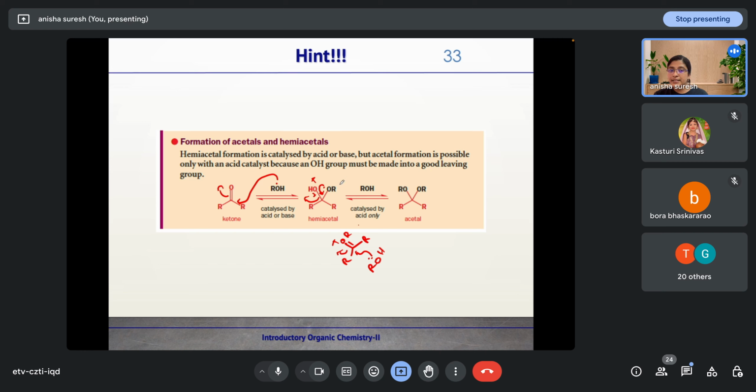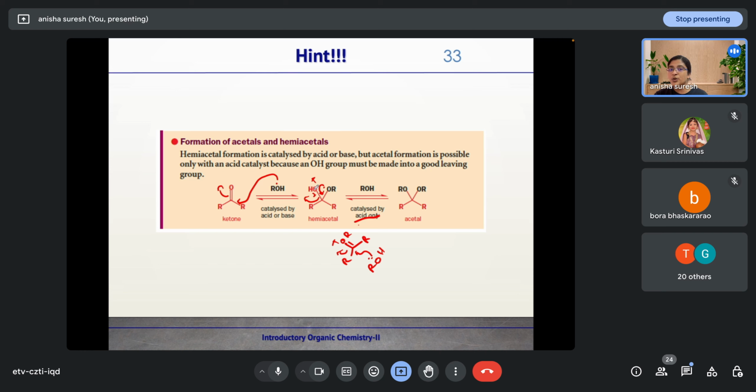So this acetal formation will take place in the presence of an acid only. Hemiacetal formation can be catalyzed by both acid or base, but acetal formation is catalyzed by acid only, because an OH group must be made into a good leaving group.